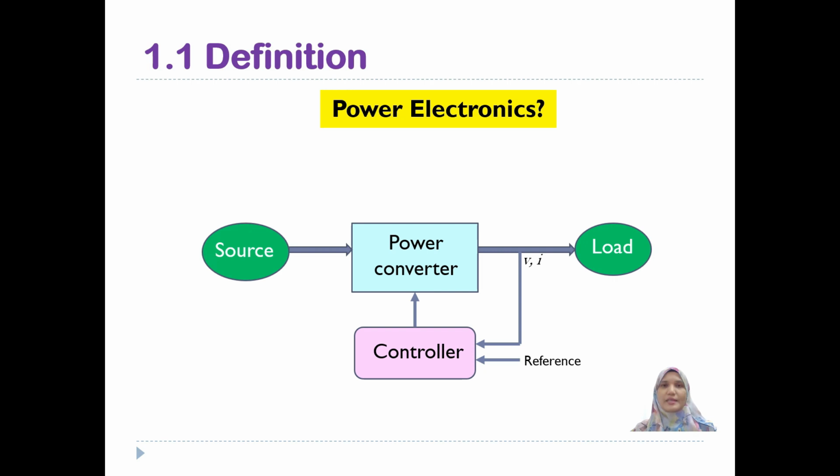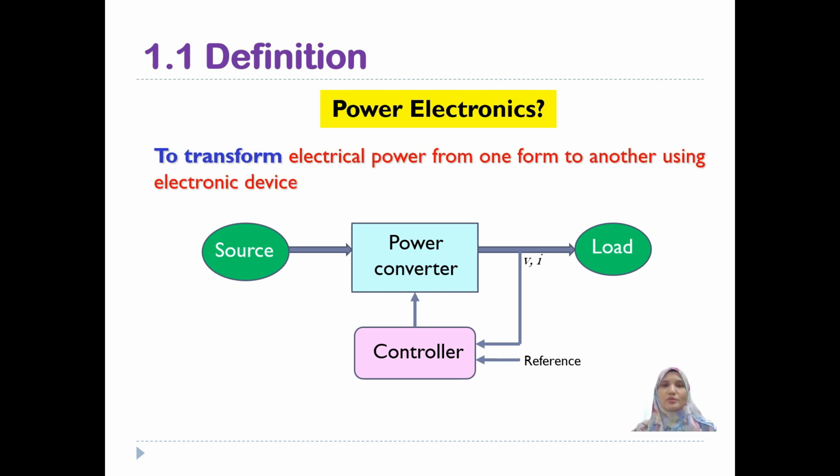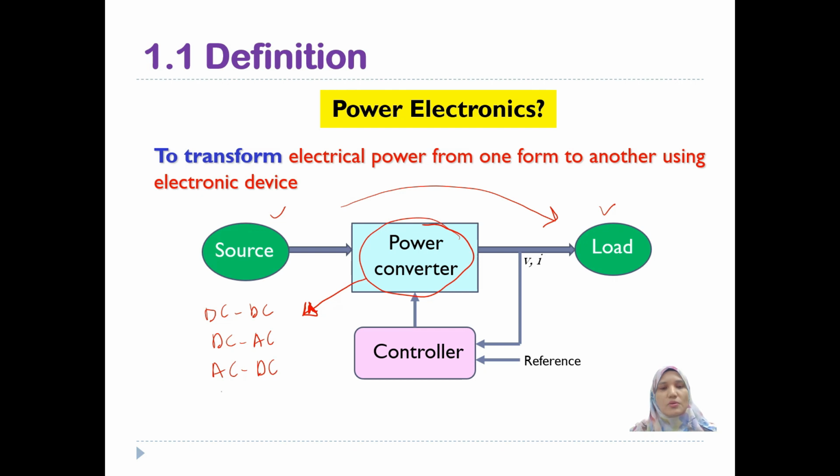In general, the main function of power electronics is to transform or convert electrical power from one form to another using electronic devices. The power converter is used to match the current or voltage requirement from the source to the load, and it will be either DC to DC, DC to AC, AC to DC, or AC to AC.